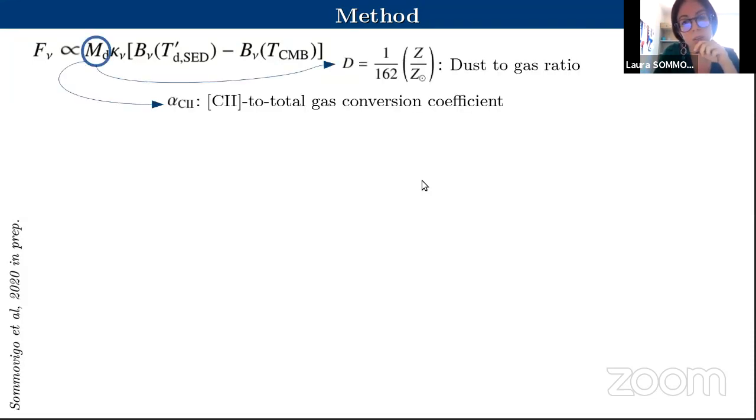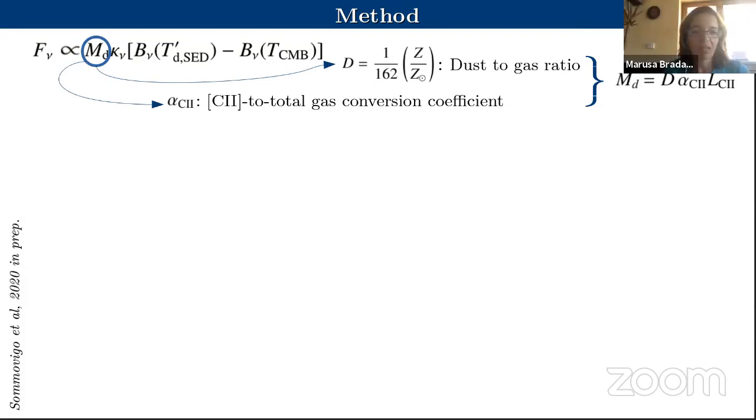We rewrite the dust mass as a function of the dust-to-gas ratio and the [CII] to total gas conversion coefficient, so that the dust mass is the product of these two quantities and the [CII] luminosity. At this point, by fitting the single observed data point at 1900 gigahertz, or 160 micron, we can get a reasonable prediction of the dust temperature and dust mass.